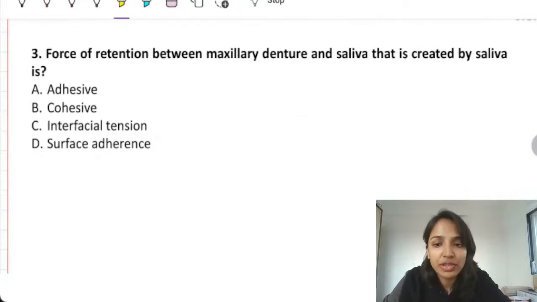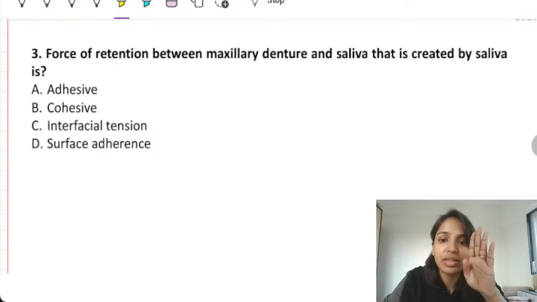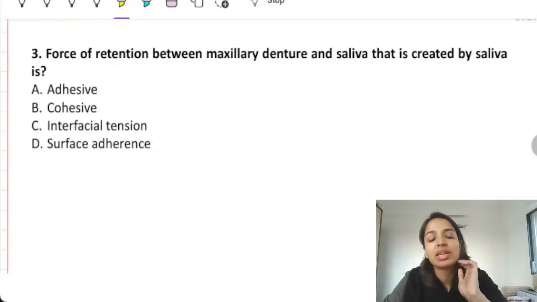Retention is that quality inherent in a prosthesis that will prevent the dislodgement of the denture against the forces of gravity, adhesiveness of food, and any forces that will try to dislodge the denture from the denture bearing area. Basically, anything that will prevent the maxillary denture from falling down or the mandibular denture from lifting upwards are forces that help in retention of a prosthesis.